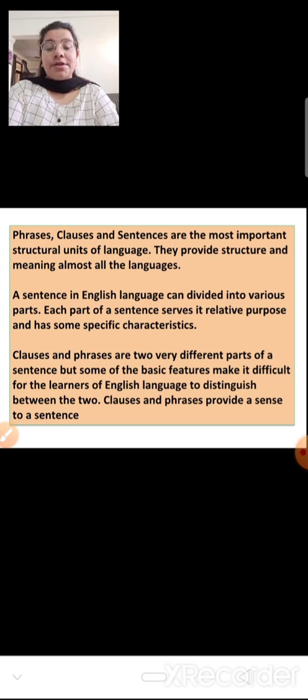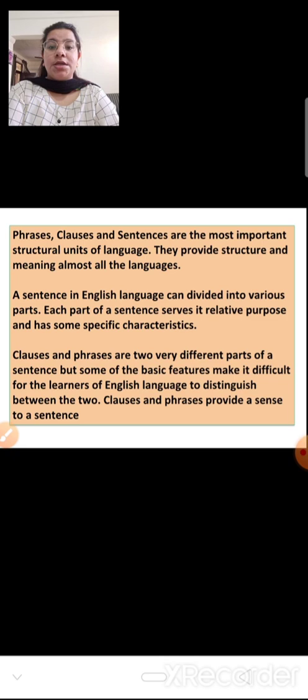In the English language, sentences can be divided into various parts, and each part has its function and its characteristic. In the same way, clauses and phrases are also parts of a sentence. Without them, a sentence is incomplete, but they have certain similar features, which make it difficult to learn, but still they provide sense to a sentence.